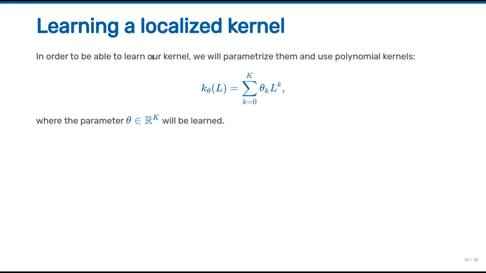So now what we want to do in deep learning is to learn such a kernel. So one way to do that is to parameterize the kernel, and what people suggest is to use polynomial kernels, where the parameters are these theta_k, and these theta_k will be learned with the basic SGD algorithm, and L here is the Laplacian of the graph.